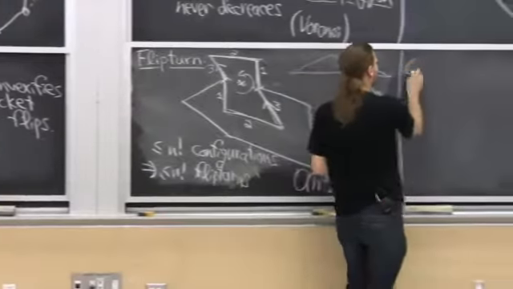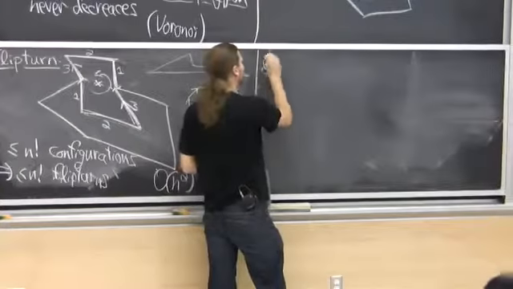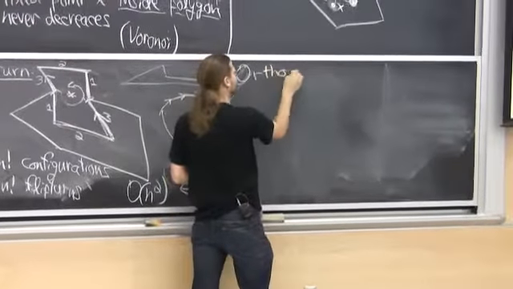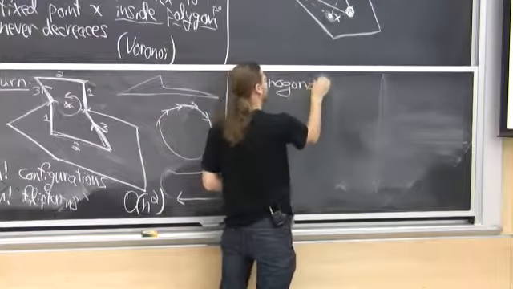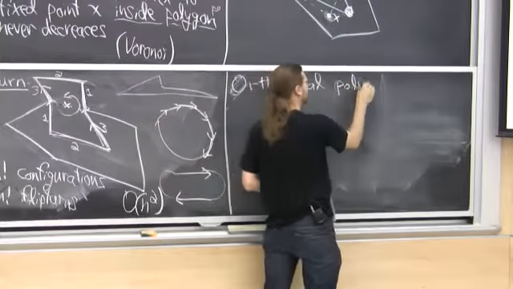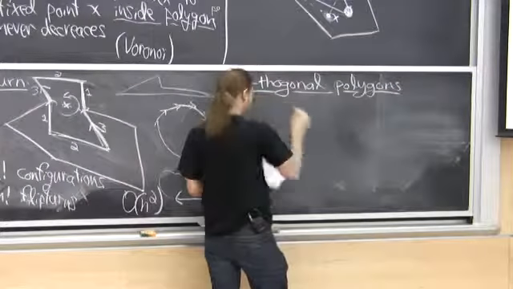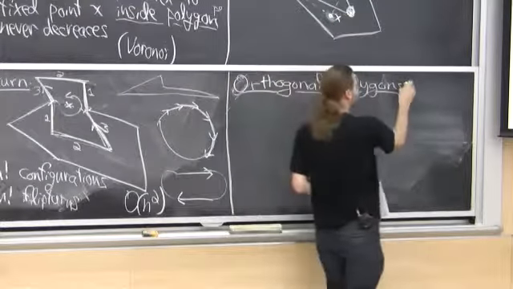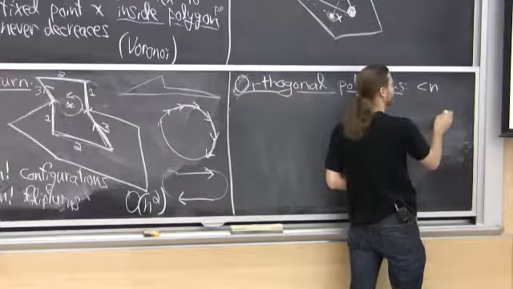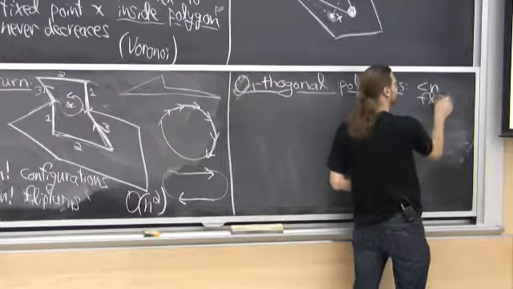And now we can go on to actual bounds. To start out, I want to look at a simpler case. We'll sort of motivate the general case, which is orthogonal polygons. And for orthogonal polygons, you can prove that it's actually a linear number of flip turns. In fact, less than n.